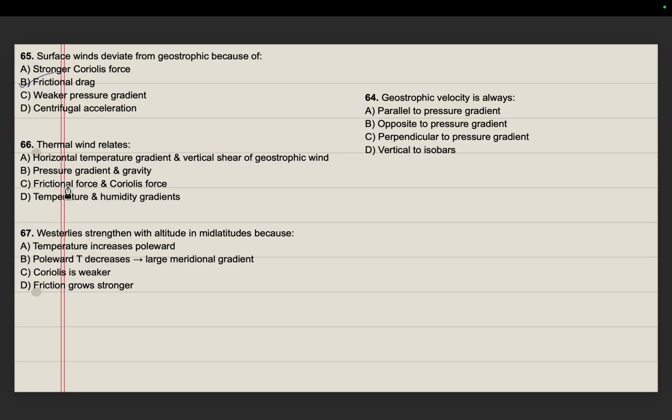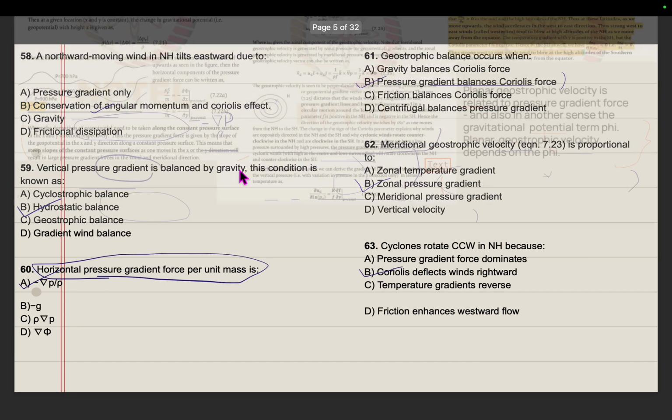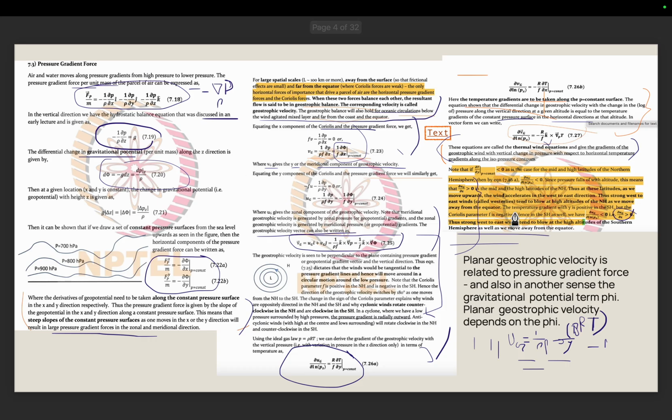Thermal wind relates horizontal temperature gradient and the vertical shear of the geostrophic wind. This vertical shear of the geostrophic wind arises from the thermal wind equation, and you can see how, with changing pressure, the geostrophic velocity Vg is changing.